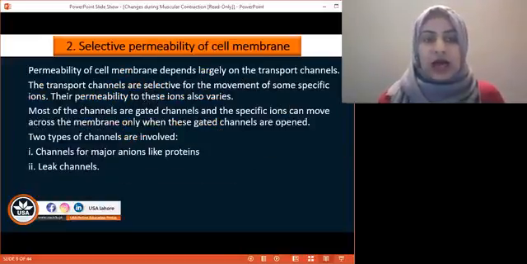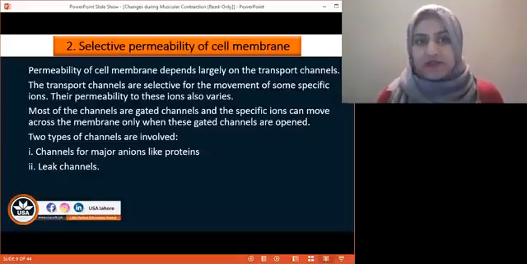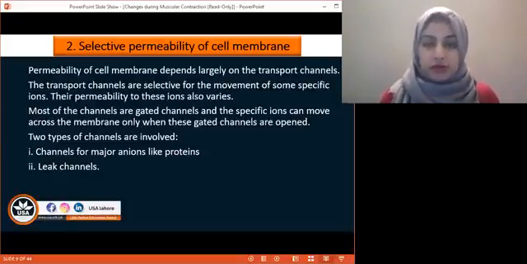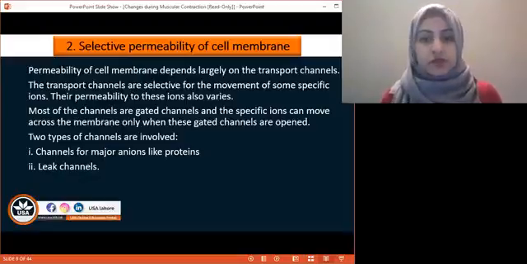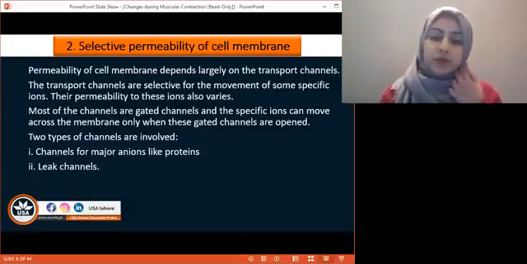Now, how does the cell membrane selectively permeate ions? Permeability of the cell membrane depends largely upon the transport channels. We have also discussed the transport channels in the very start of this course, and we know there are a number of transport channels present along the cell membrane. So the permeability of the cell membrane depends upon the transport channels.